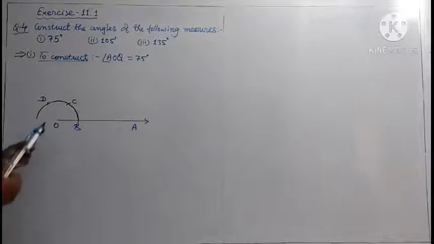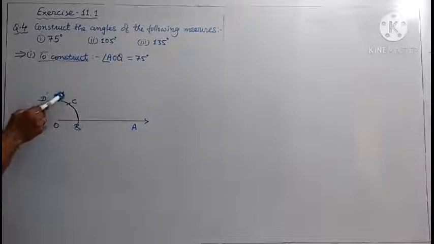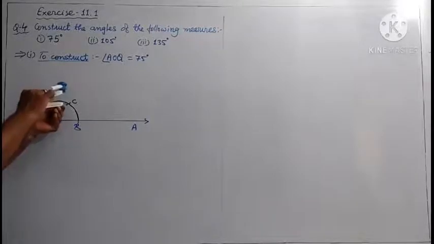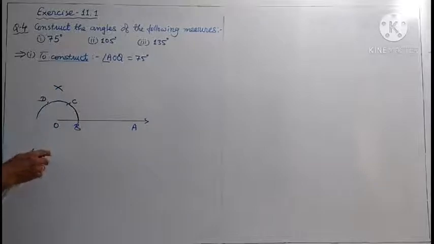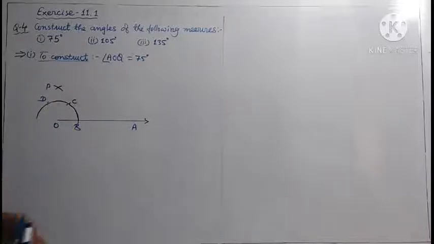So now taking C and D as centers, we can draw the bisector of angle COD. Suppose this point is P. So draw this ray OP. You will get the 90 degree angle.